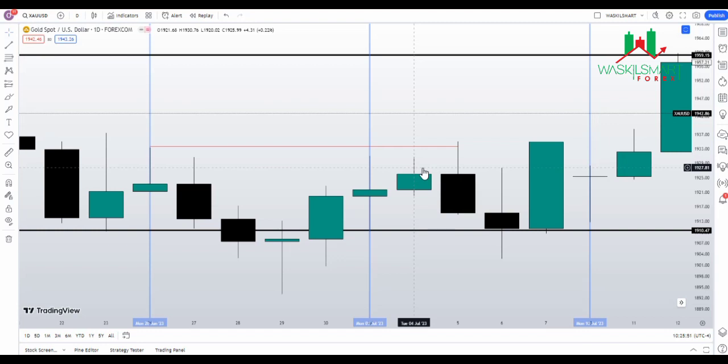I already explained that on the weekly time frame. Now on this daily, I already explained the concept of displacement, so we need to understand the concept of displacement. When you understand what displacement is, we see Monday's trade is what you call a doji. So we call it doji.